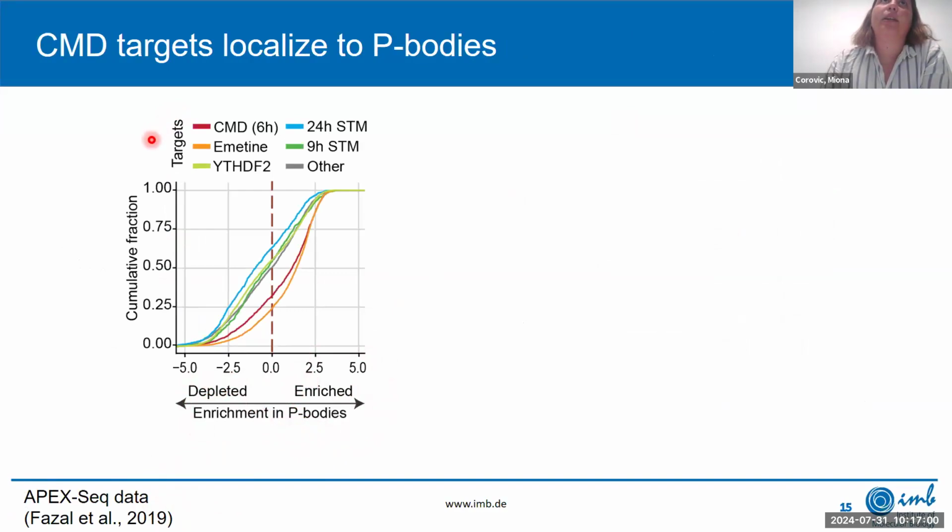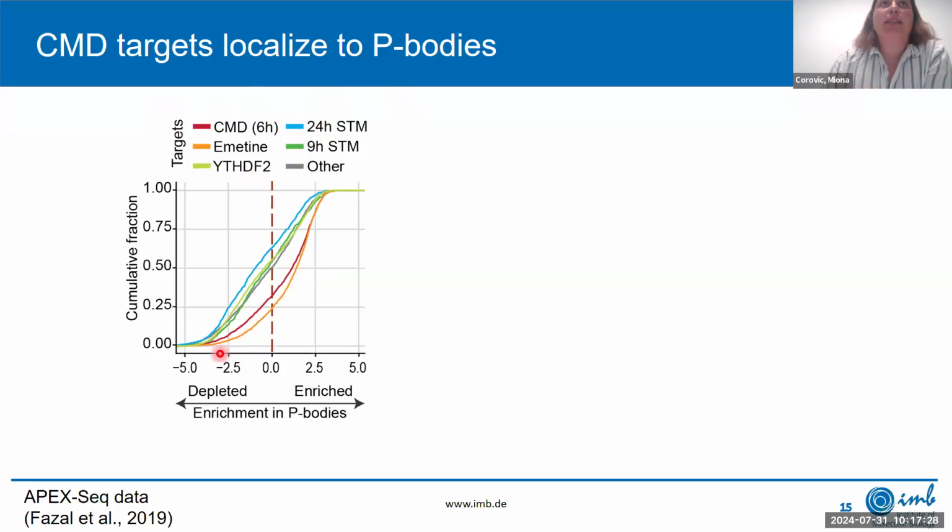And we made use of all the RNA-seqs that I was mentioning to you before, and we defined target sets. So we looked at the transcripts that are upregulated in all of these treatments: upon M6A depletion at 6, 9, 24 hours, translational inhibition, and YTHDF2 knockdown. If they were upregulated, we defined them as the targets of these proteins.